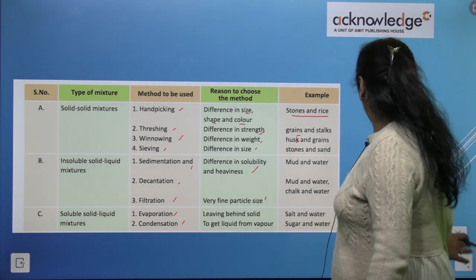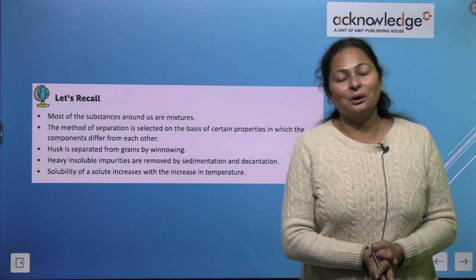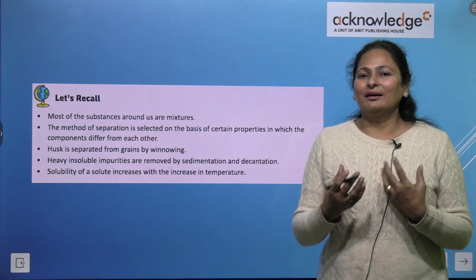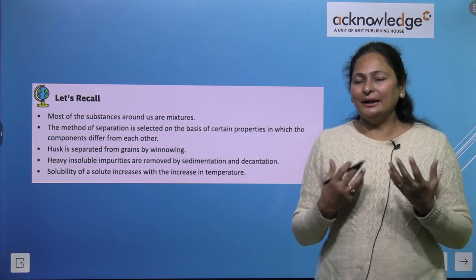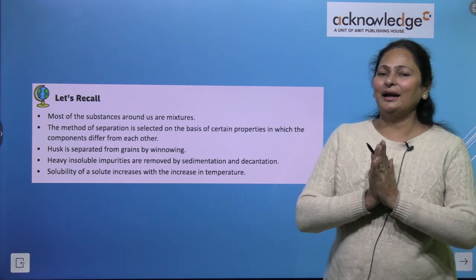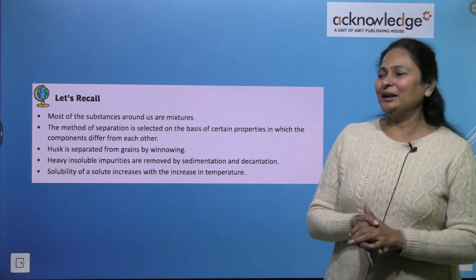We have already done this in detail. Hope you have understood all the methods. These are very easy to understand. It takes time, but it's very easy, and you can use these methods in your day-to-day life.